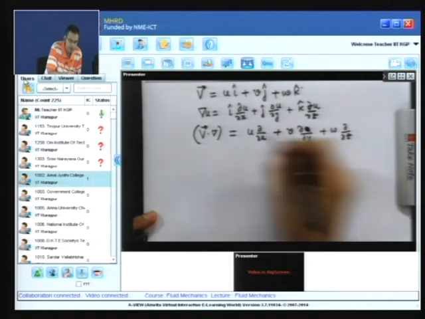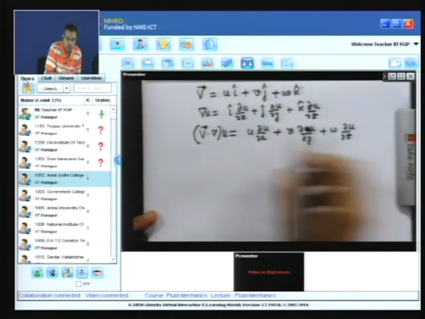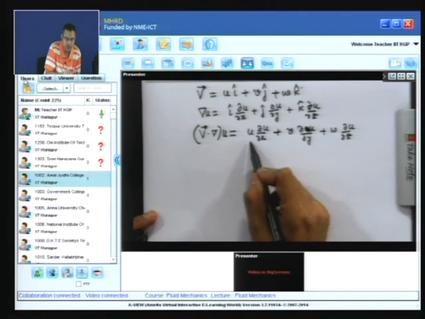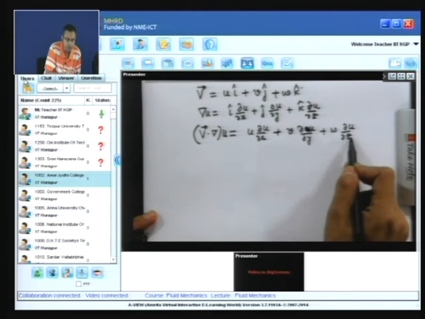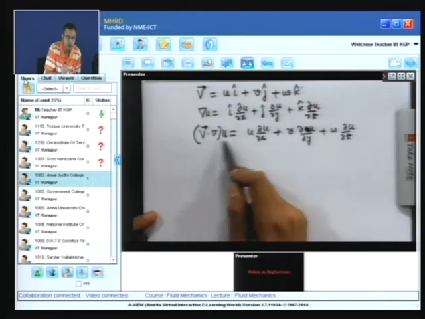So if you write v dot del of u, it becomes u del u del x plus v del u del y plus w del u del z. So what we can see is that we can write u del u del x plus v del u del y plus w del u del z in a compact form, v dot del u.